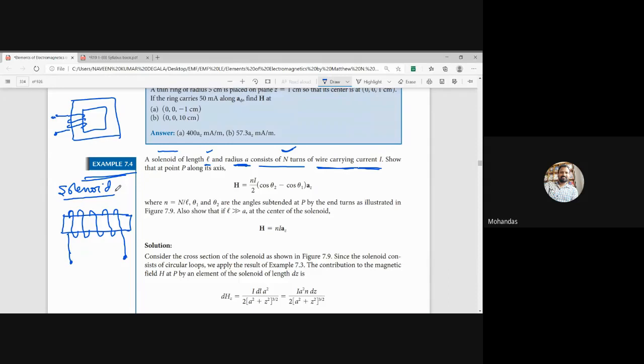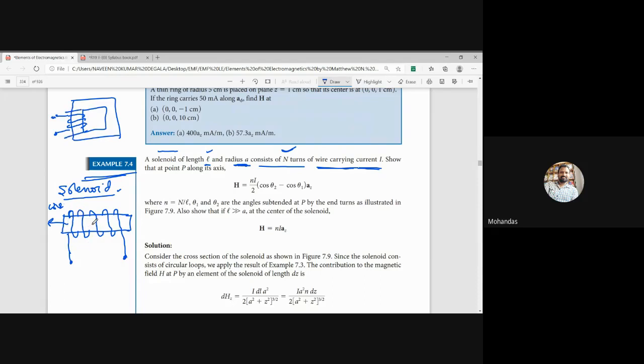This is called a solenoid, and this is the core material, like silicon steel, transformer core material. Here we have taken only one limb.